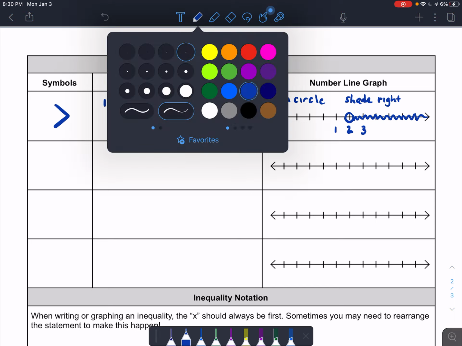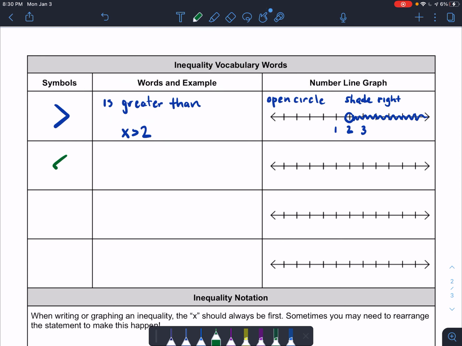Now, as we change, and now maybe we look at something like that, hopefully we remember this is just the opposite. Now we're talking about is less than. So if we want to say, for example, that x is less than 2, what would we do on our number line? Well, we would still start with some numbers that are right around our known value.